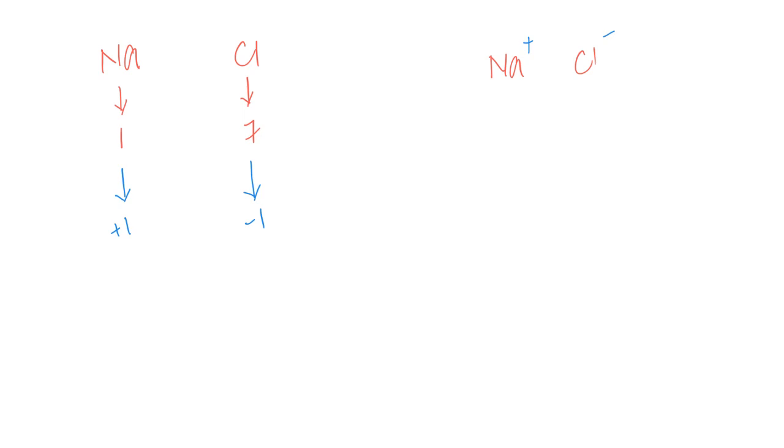Now how they bond is they're trying to balance the charges. That's the next step. There's 1 positive charge here for sodium and 1 negative charge here for the chlorine. If you put them together, they'll just balance out. +1 -1 is 0, right? So this is NaCl. Okay?